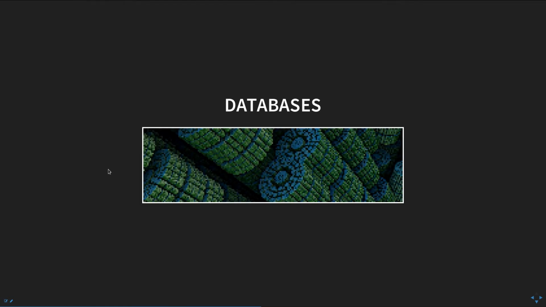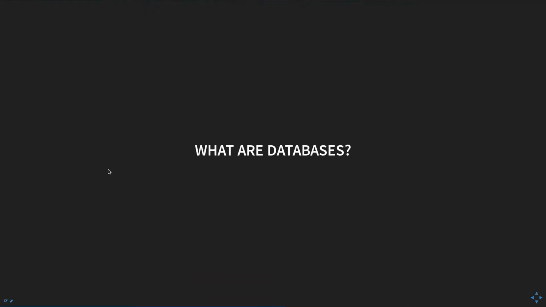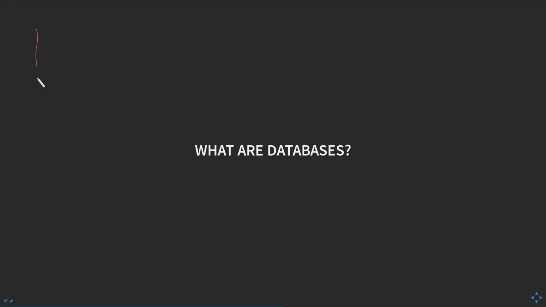And this we do in the form of databases. Now let's first try to answer the question: what are databases and why do they differ from just storing your files locally? Databases are nothing more than collections of hard disks. They are generally internet-connected machines that host a bunch of these magnetic disks that store a lot of information.